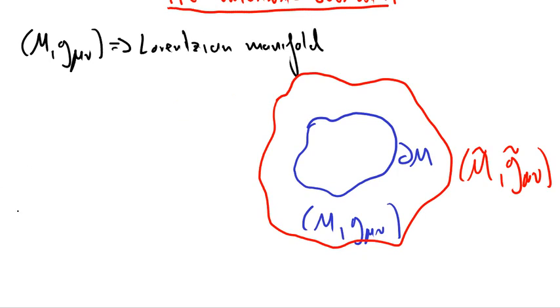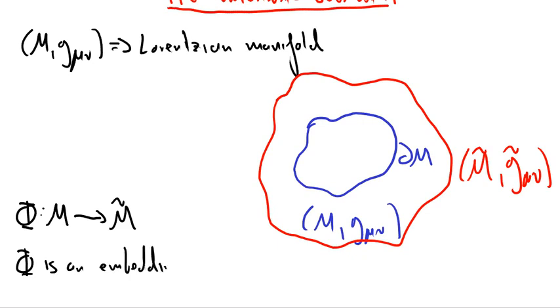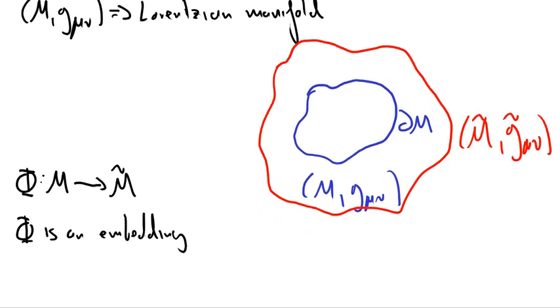So we are going to introduce a map phi which goes from M to our bigger manifold M tilde, such that phi is an embedding. So it means that the image of M under phi is a proper subset of M tilde.